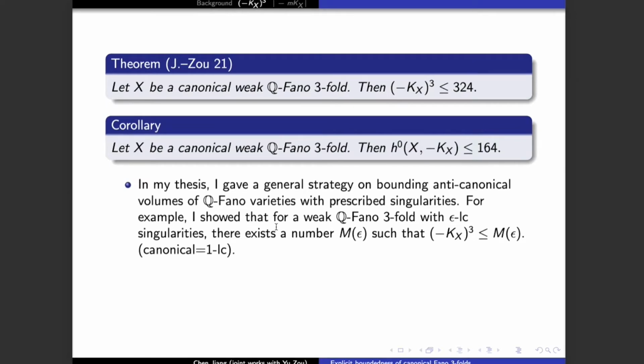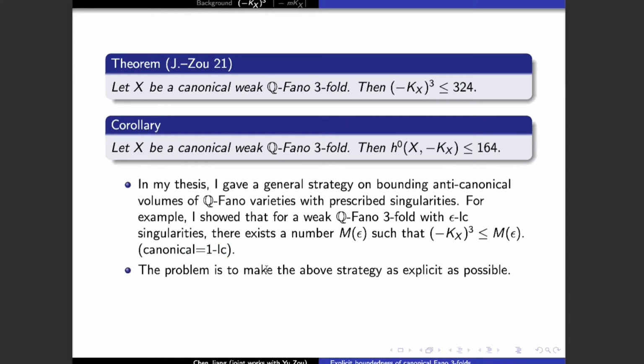I can show that if we have a weak Q-Fano threefold with epsilon-LC singularity, then there is a number m_epsilon, depending only on epsilon, such that the volume is bounded from above by m_epsilon. Here canonical just means 1-LC.